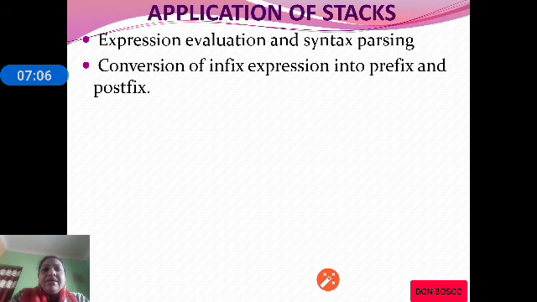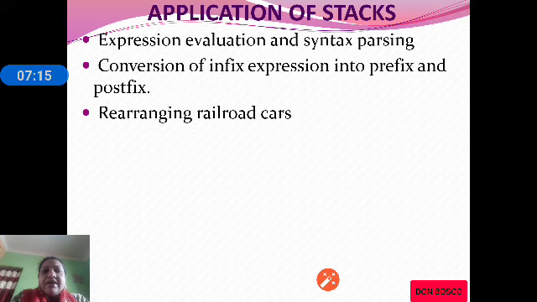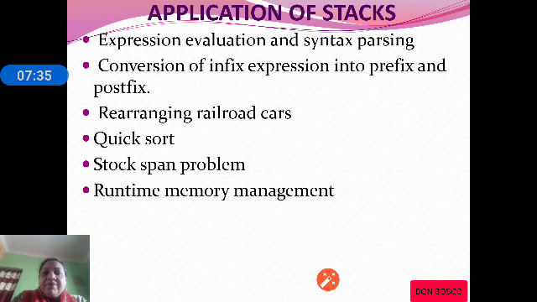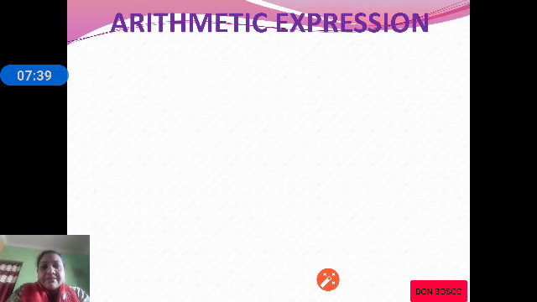Stacks can be used for converting infix to prefix and postfix expressions, and stacks are used in rearranging railroad cars. Stacks are also used in quicksort, stack span problems, and runtime memory management. So these are the applications of stacks.